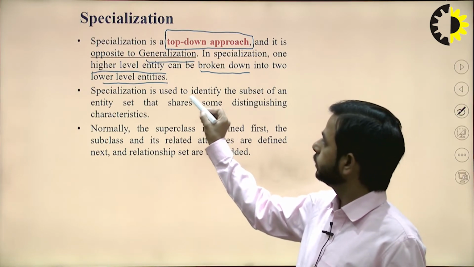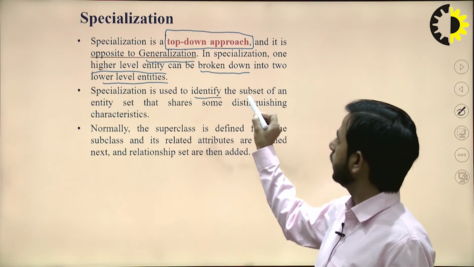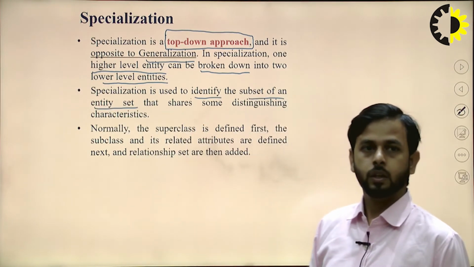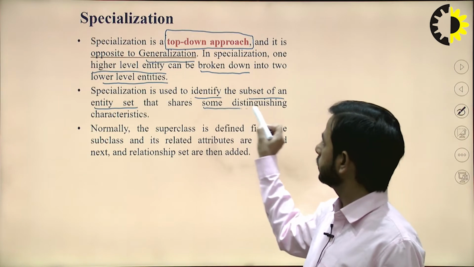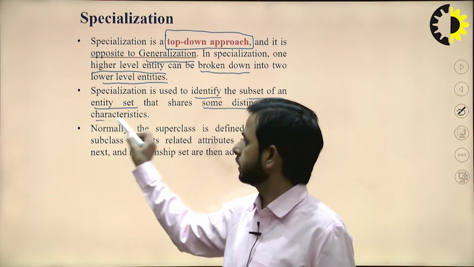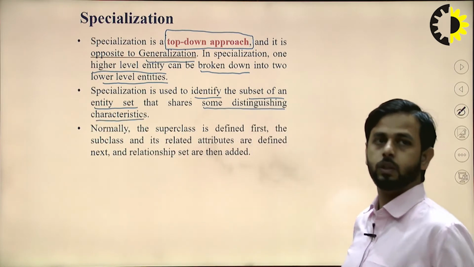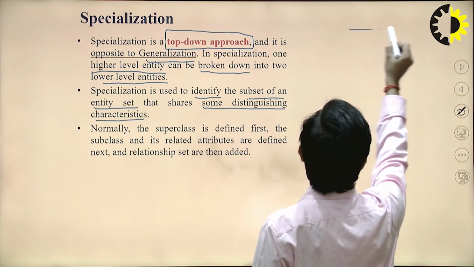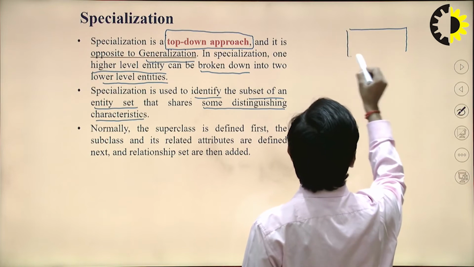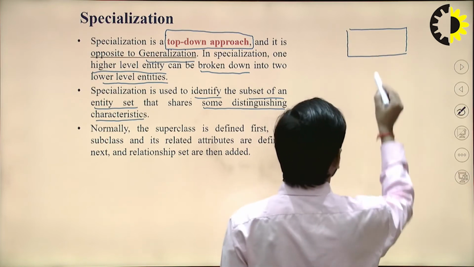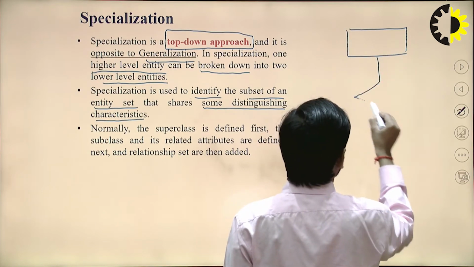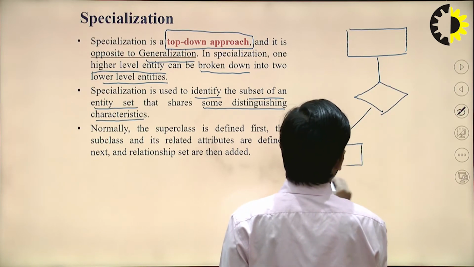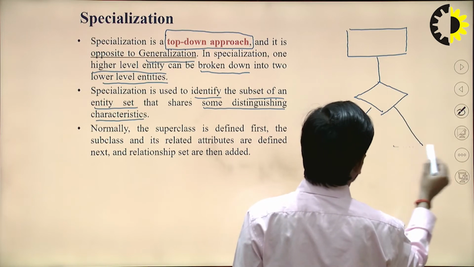Specialization is used to identify the subset of an entity set that shares some distinguished characteristics. Suppose we have some higher level entity, we break it up into some subclasses or lower level entities.